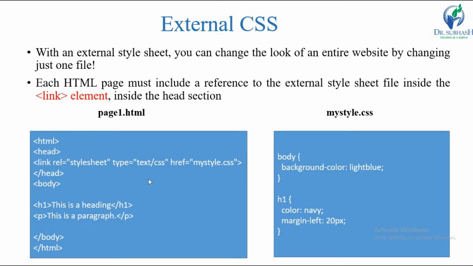Here my file name for the CSS is mystyle.css, so in href I have written mystyle.css. After that, whatever code I have written in mystyle.css is going to be applied to the elements that are in the body tag. Now we will see an example of this.